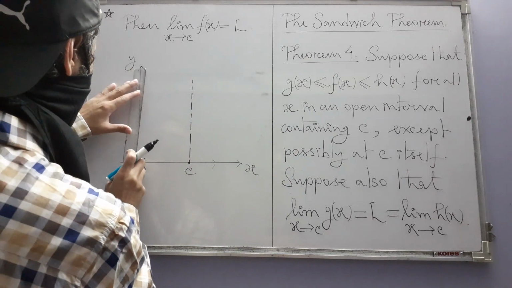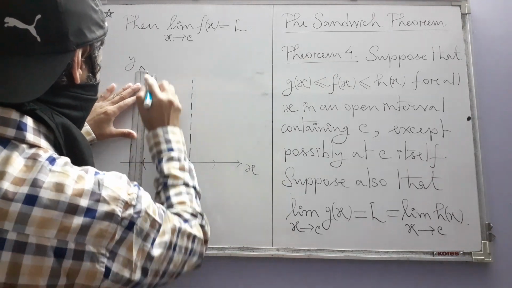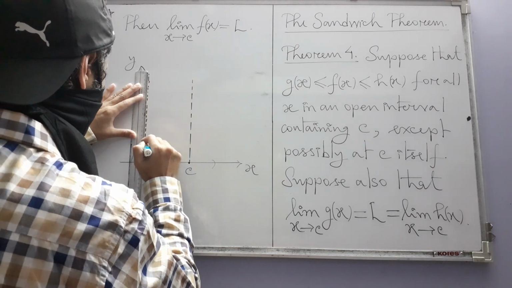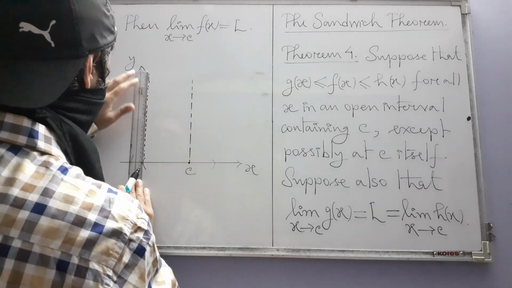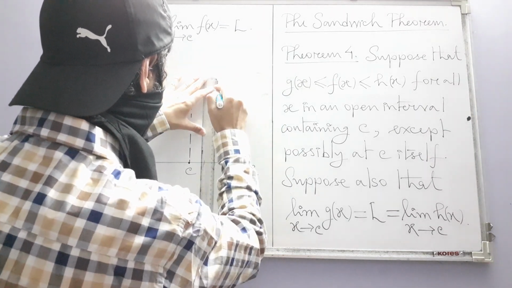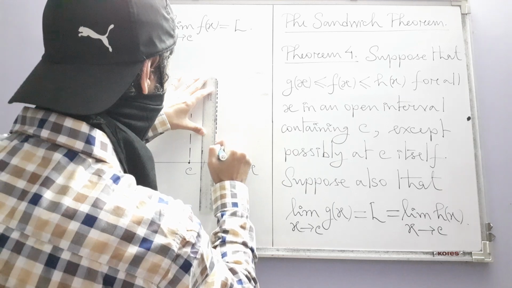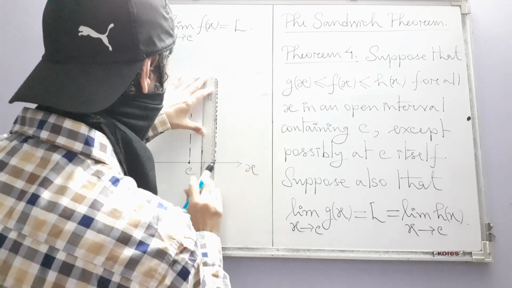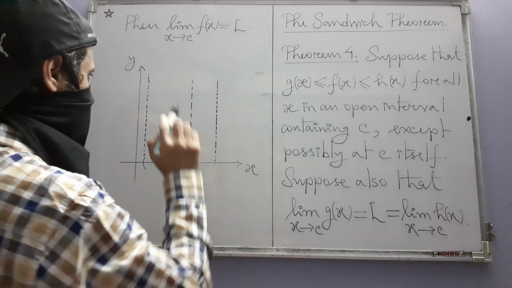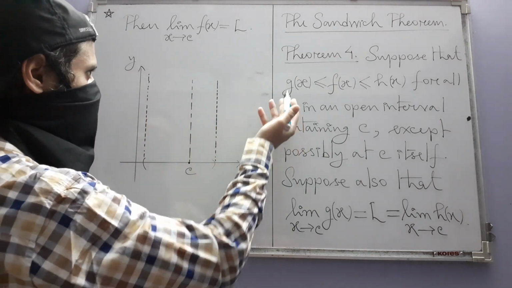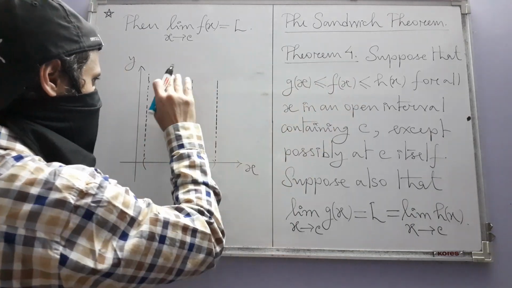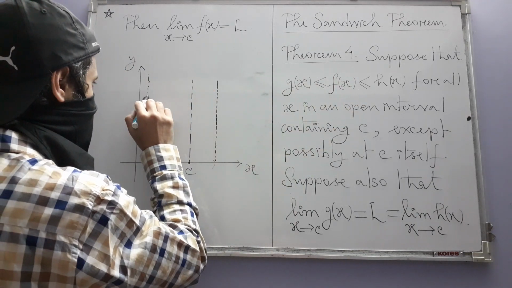Because we have said that the functions are defined in this open interval, we need not look outside it. So the graph will lie in this strip itself. Say the graph of g of x, oh, I have to be careful about which one lies above which one.